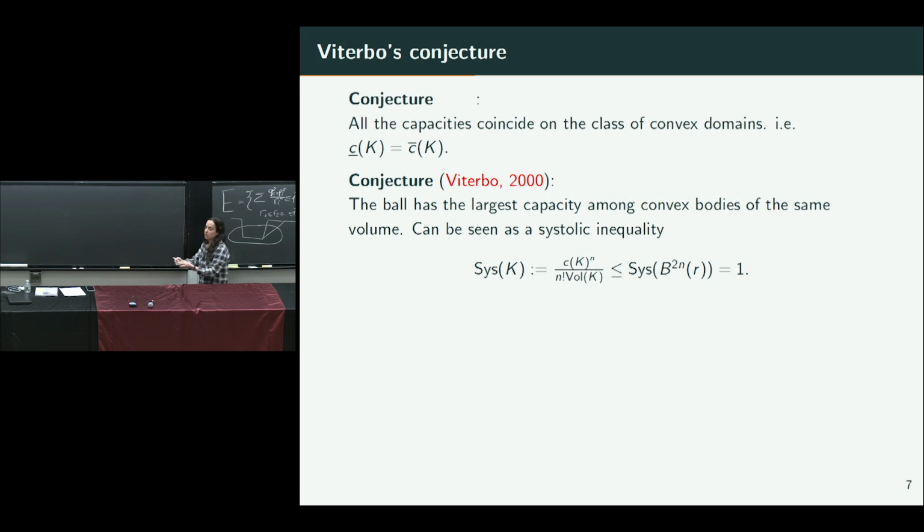So this relates to the systolic inequality in Riemannian geometry, which relates the length of the shortest geodesic with the volume of the manifold.